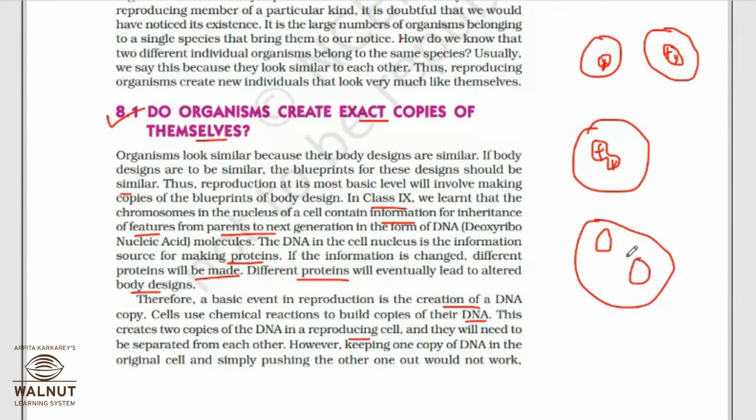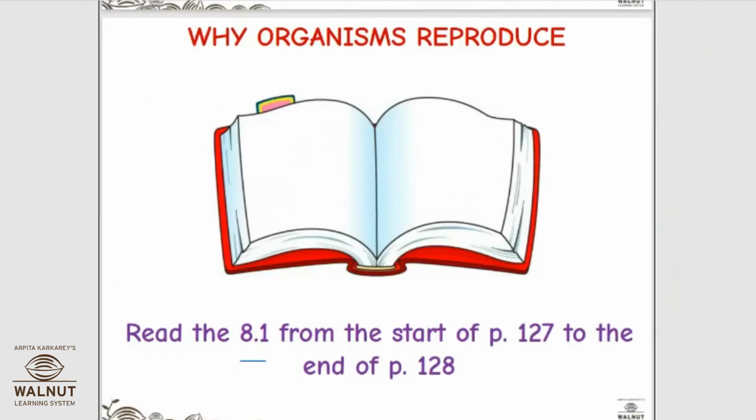After the nuclei are separated, what is this? Cytoplasm. This also separates, and then finally you get two different cells. So you have to read complete 8.1 and then 8.1.1 till the end of page 1 to 8.